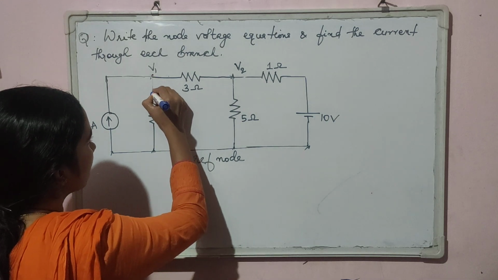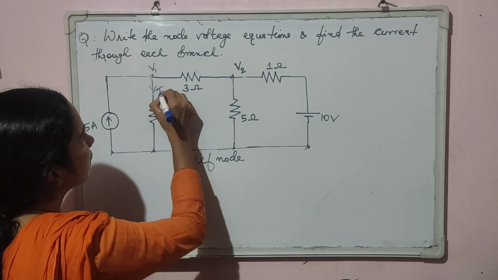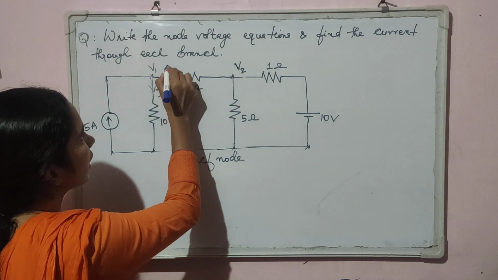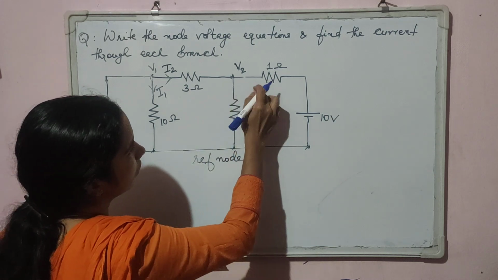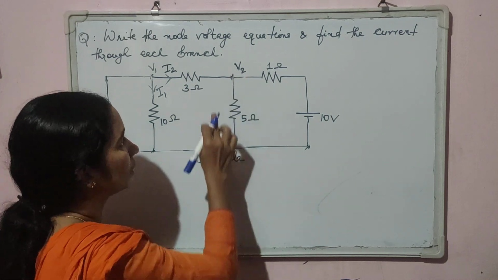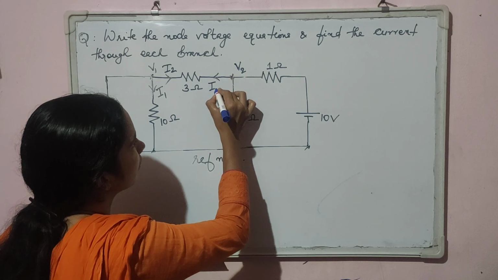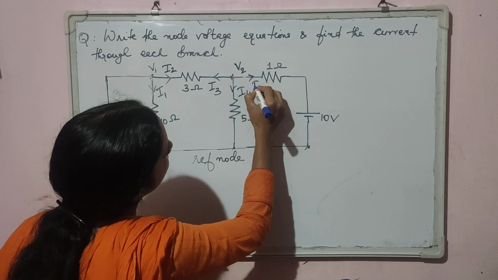Now let us mark a current in this particular branch and let it be I1. The current flowing through this branch can be marked as I2. Now for node 2, there are 3 branches. So mark this current as I3, this is I4 and this is I5.